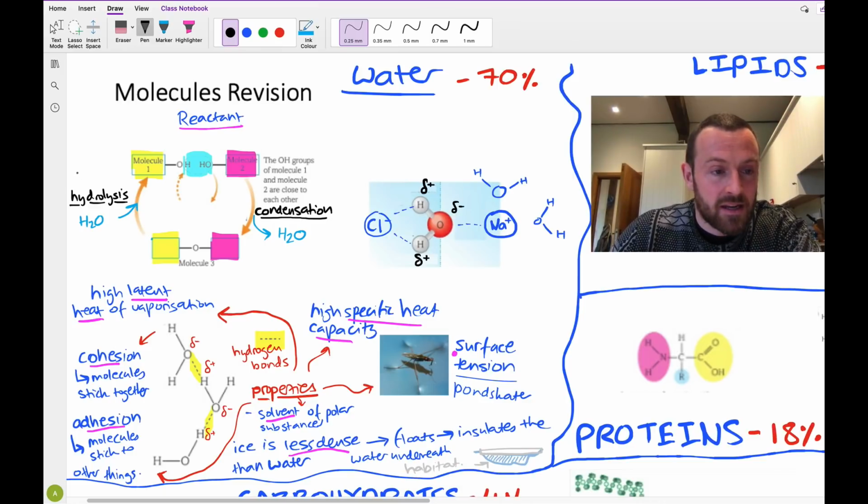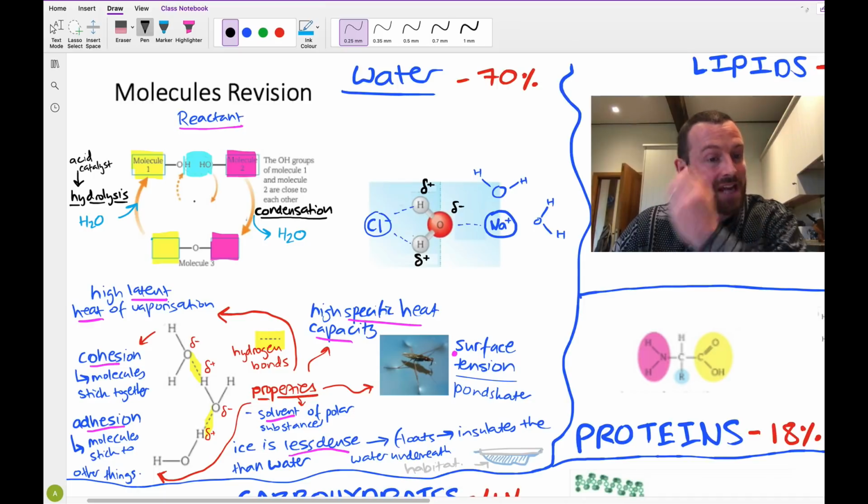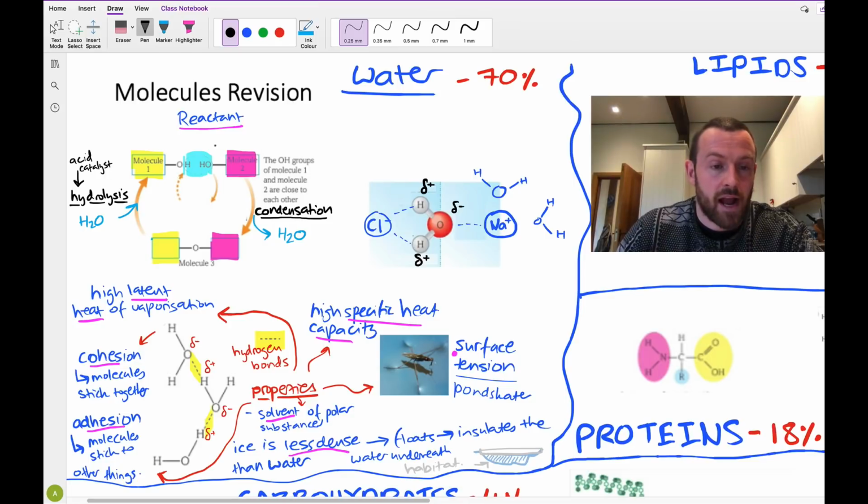Typically in a lab, it might need an acid catalyst for that to happen. So those are the key principles: hydrolysis and condensation reactions involving water, either producing water as a product or using water as a reactant, as a way of joining molecules together or splitting them apart.